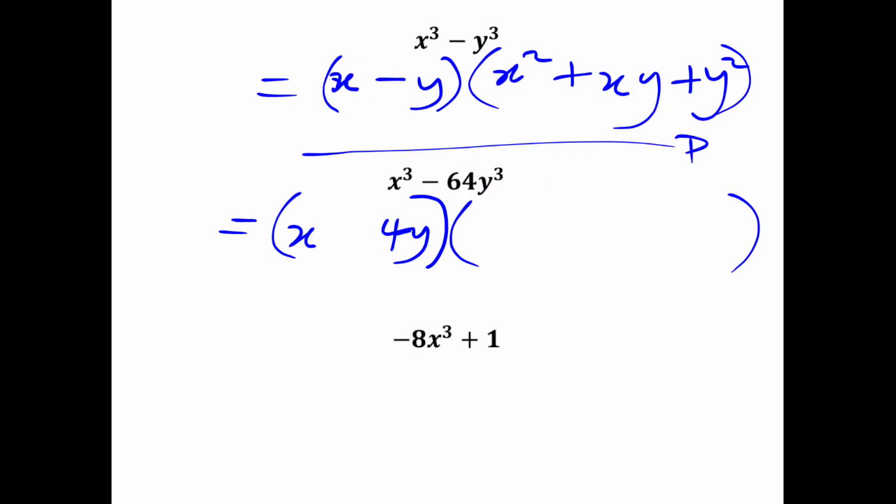Now, the difference is retained, and then we square the first term, we get x squared. We multiply the terms, we get minus 4xy, and then we negate that, it becomes plus 4xy. And then finally we square 4y, we get 16y squared.